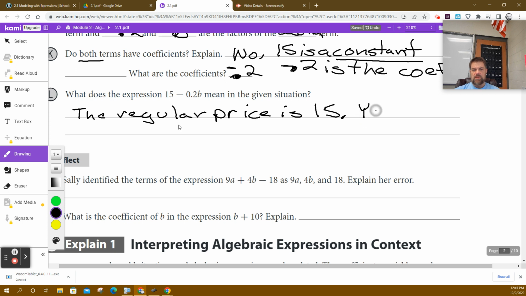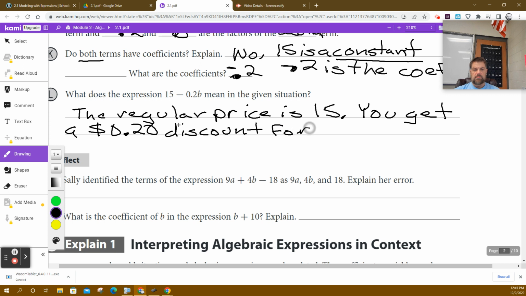You get a 20-cent discount for each bottle, which is B. Okay?